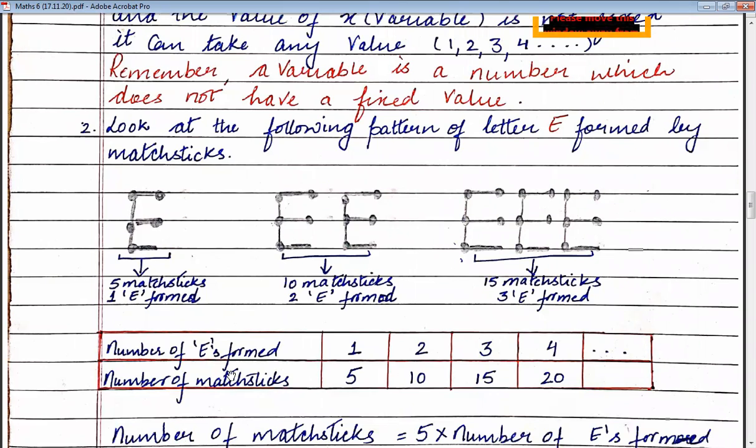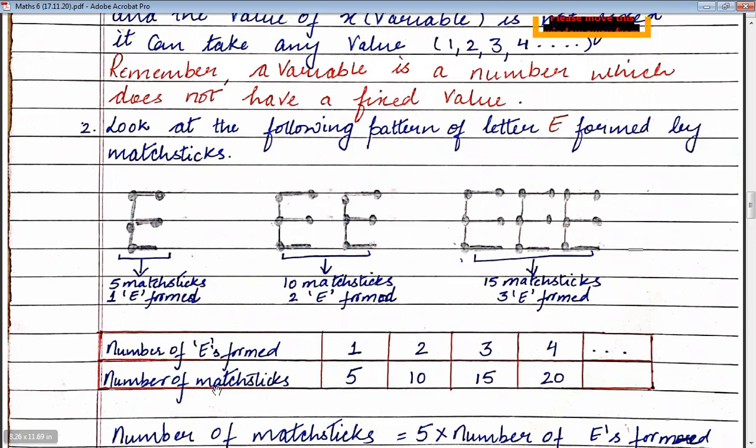Now let's see. Now children, in making 1 E, how many matchsticks do we need? 5. Now when we have written 2 Es, how many matchsticks did we need? That is 10. Now if we need 3 Es, we need 15. So now children, you can see that. Look at the pattern very carefully.